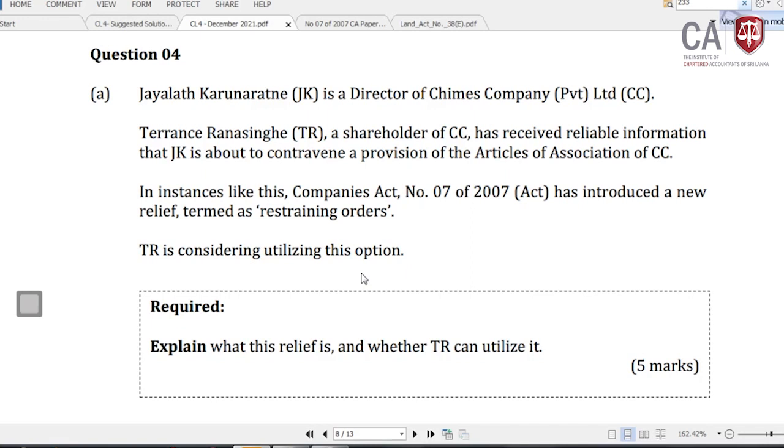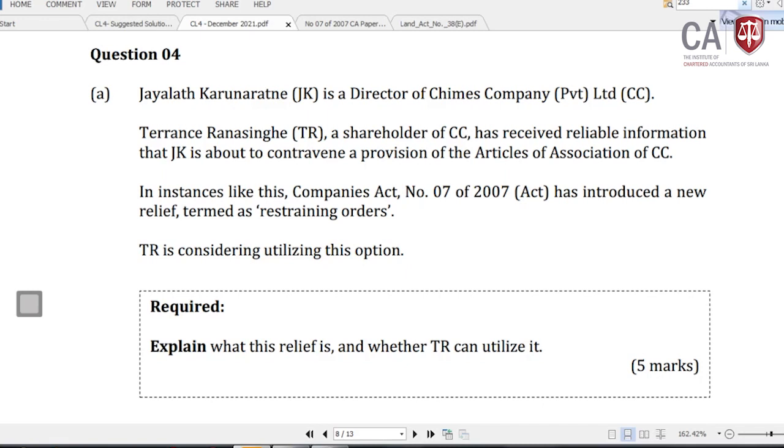This can be granted by court as per section 233 of the Companies Act, either on the application of the company, a director or a shareholder. In this instance, the shareholder wants to bring an application to obtain a restraining order. Therefore, it is very clear TR as a shareholder is permitted to bring this action under section 233. Accordingly, you can extract the relevant parts from section 233 and reproduce that in your answer.